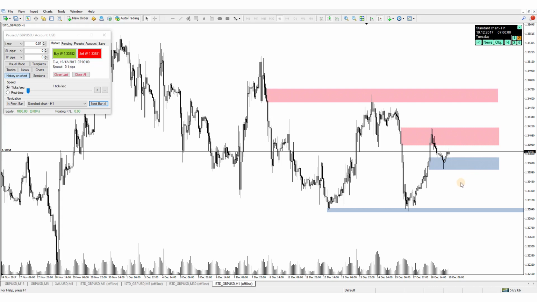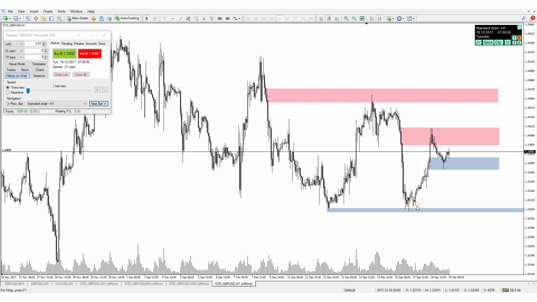For now, it looks like the sellers are really stronger, because this drop was impressive, a very huge fall, almost 140 pips in just a few hours.